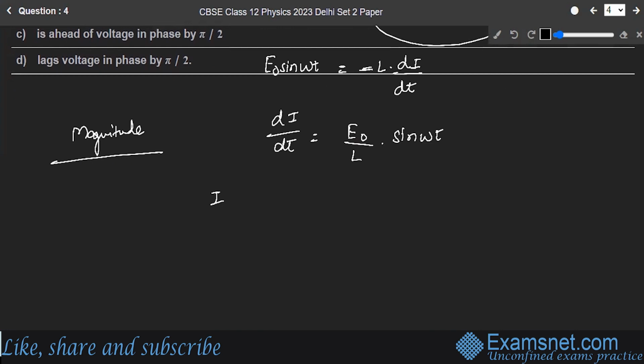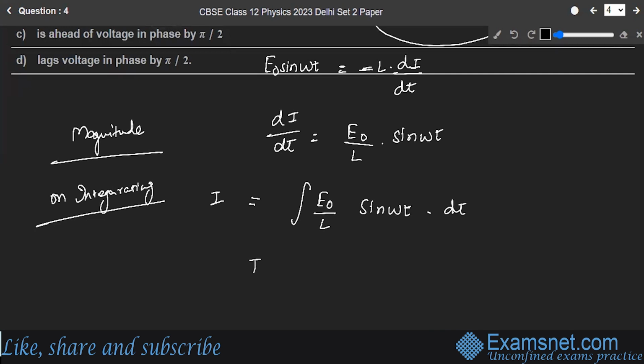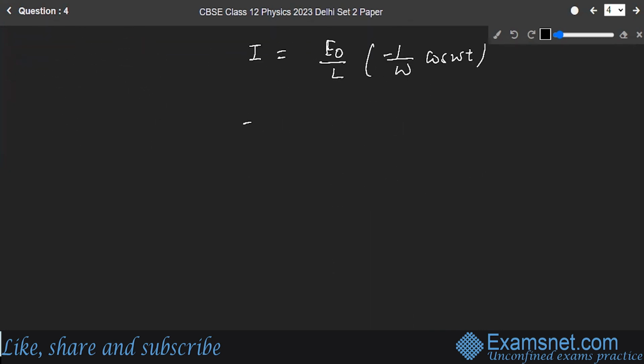So on integrating both sides, you will have I is equal to integral of E naught upon L sine omega t dt, or I is equal to E naught upon L into minus 1 upon omega cos omega t, or this is equal to, I'll take minus outside, E naught upon L omega cos omega t.